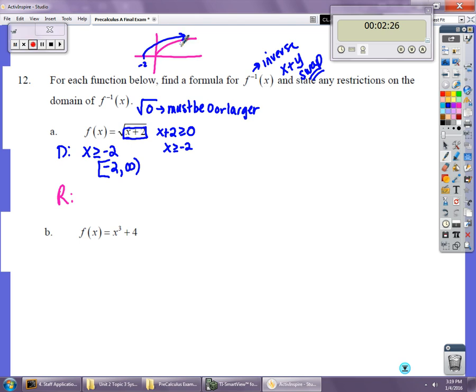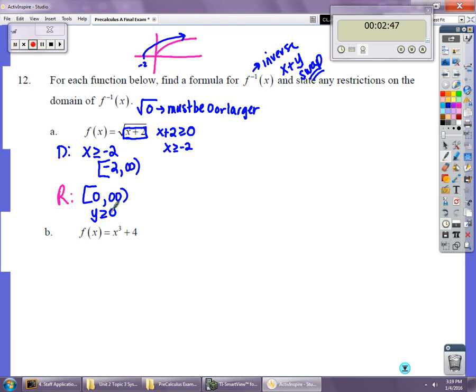I didn't move it up and down at all, which would be a concern for range. So it's going to be greater than or equal to 0. We can say from 0 to infinity, or you could say the y's are greater than or equal to 0. You could say it either way.